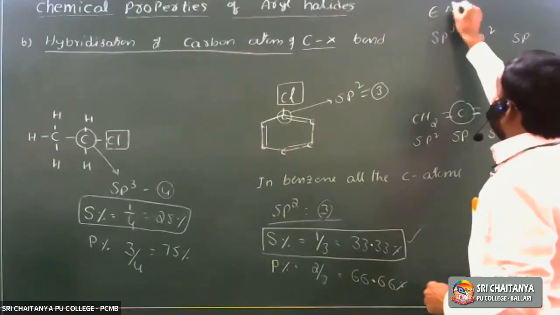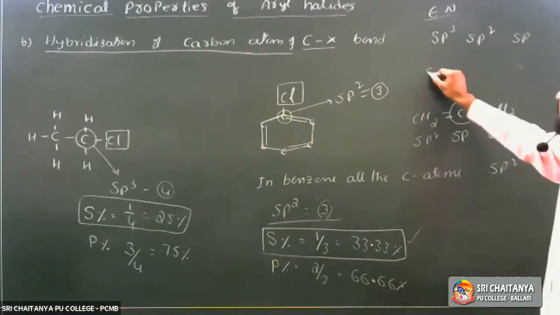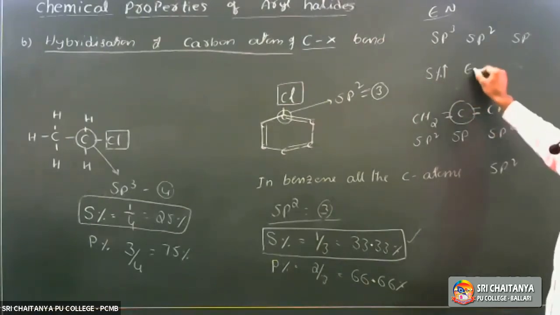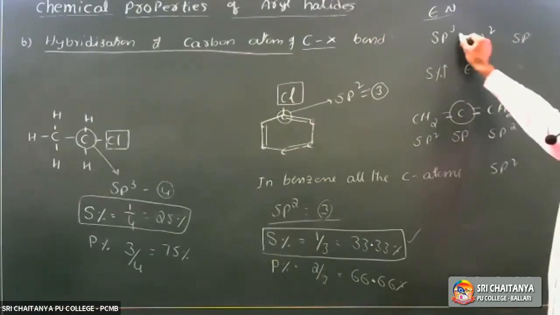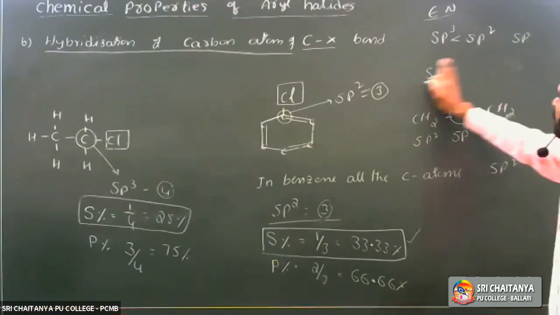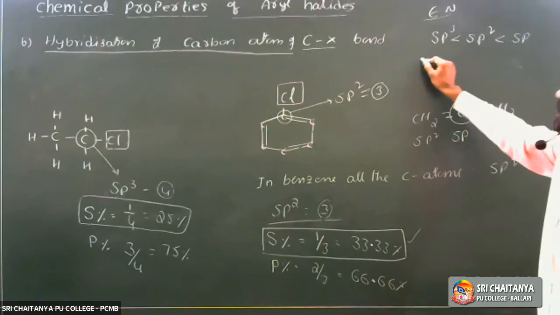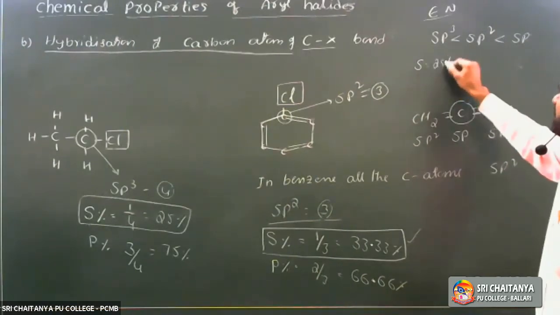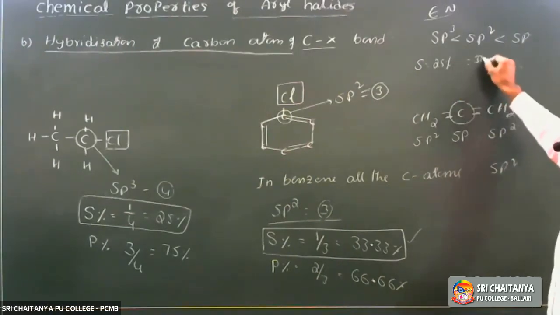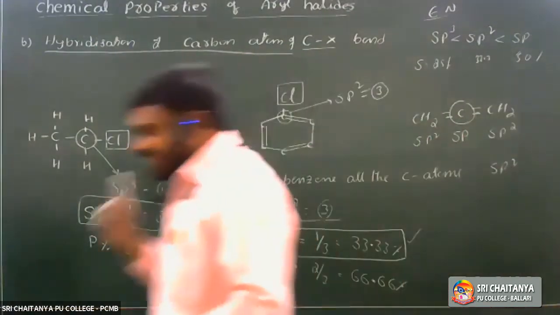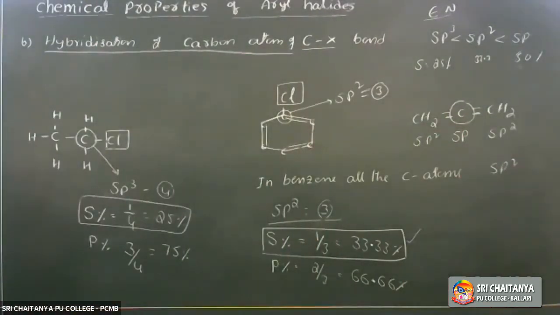From sp3 to sp2, sp2 to sp, electronegativity increases because here s character is 25%, here 33.3%, here 50%. As the s character increases, electronegativity increases.